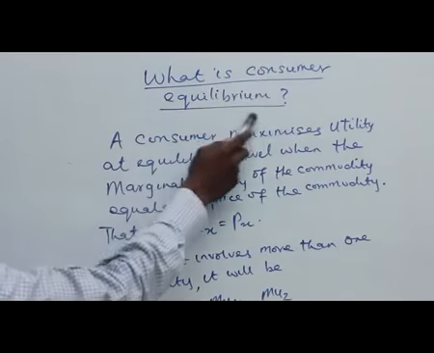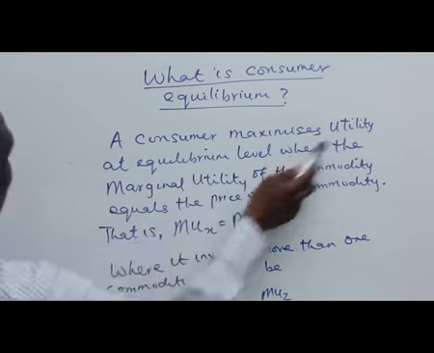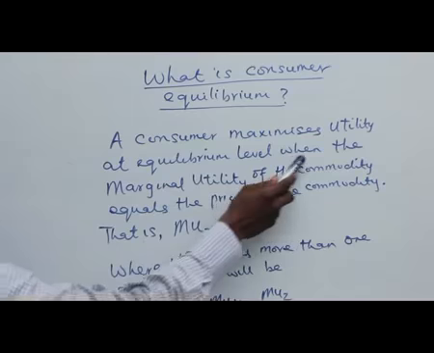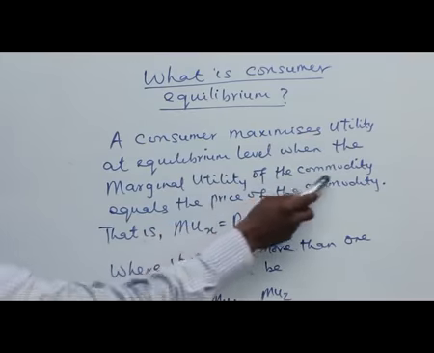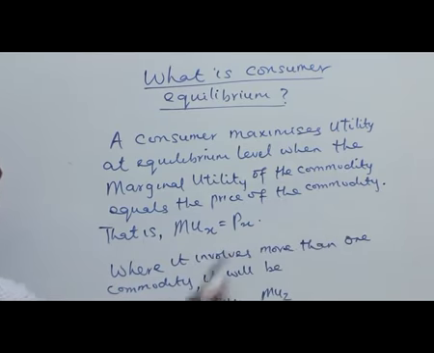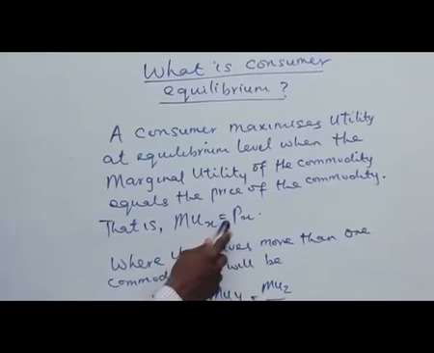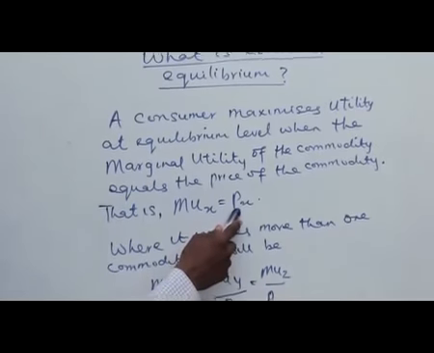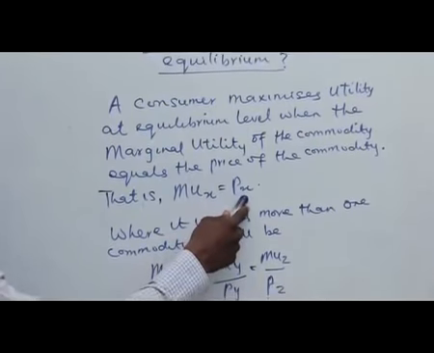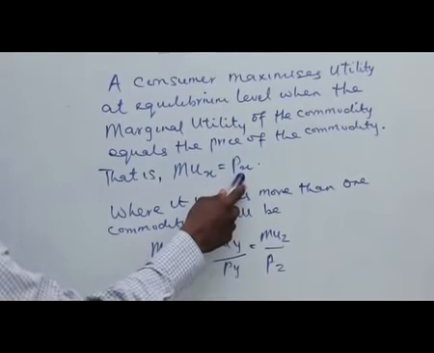What is consumer equilibrium? A consumer maximizes utility at equilibrium level when the marginal utility of the commodity equals the price of the commodity. So let's assume the commodity is X. If the marginal utility of commodity X is equal to the price of commodity X, then the consumer is at equilibrium point.